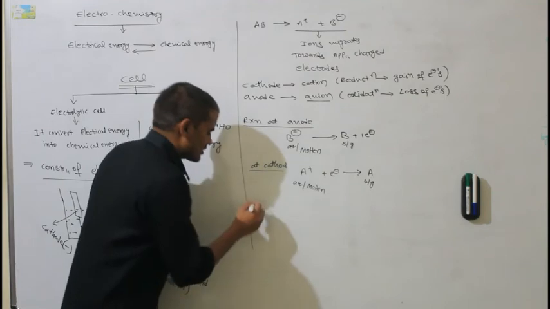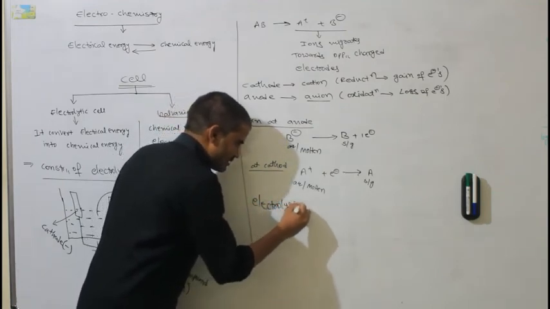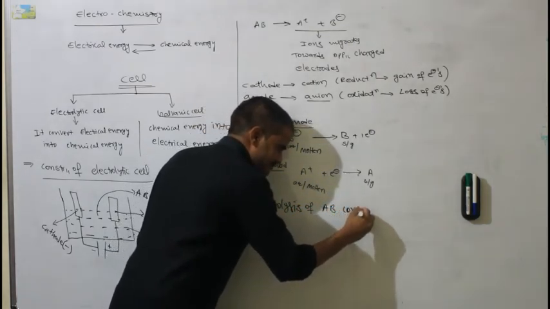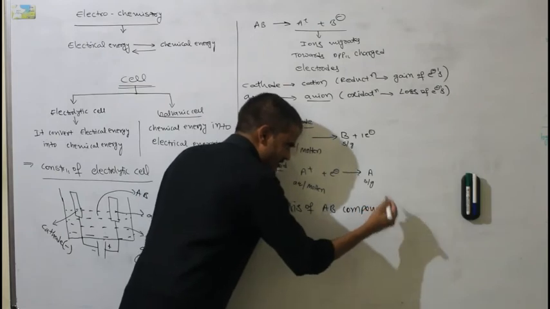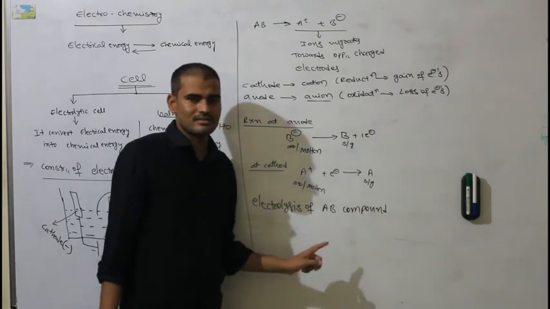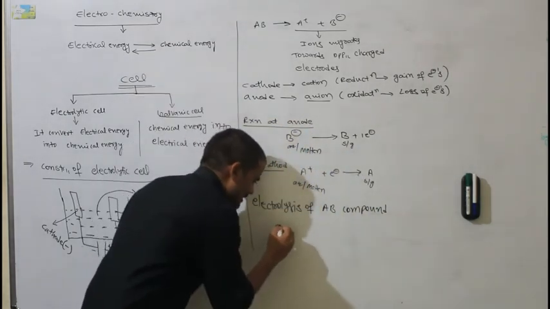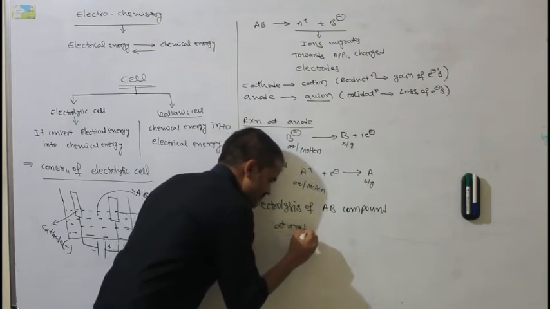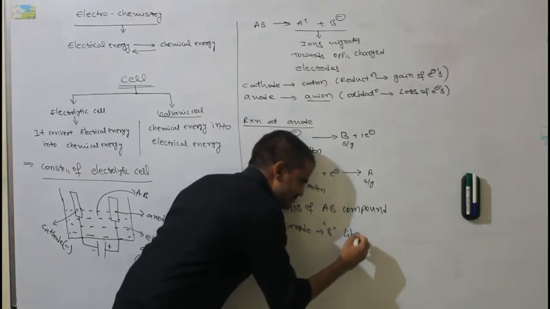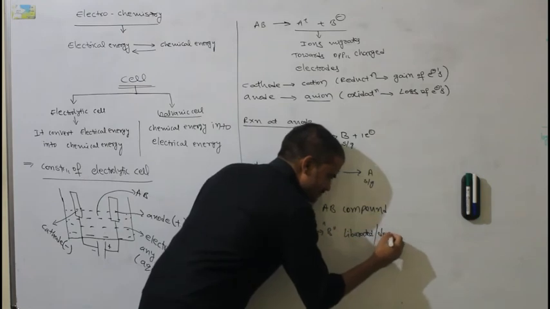So now, when we have done electrolysis of the AB compound, at the anode, B minus undergoes oxidation forming B. So we can write at the anode, B liberated or deposited.